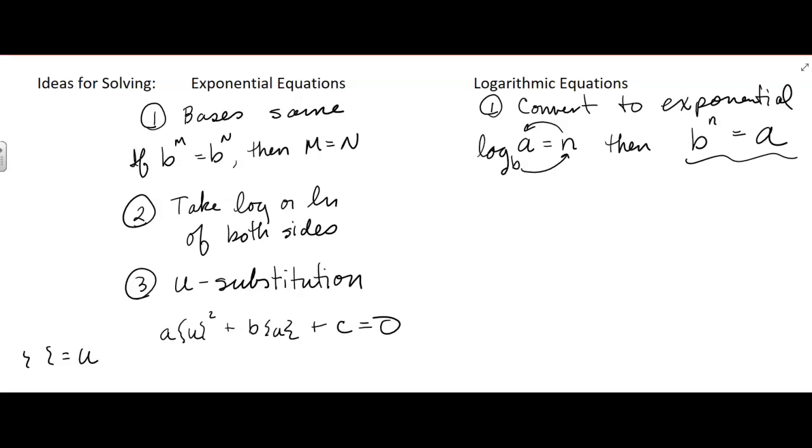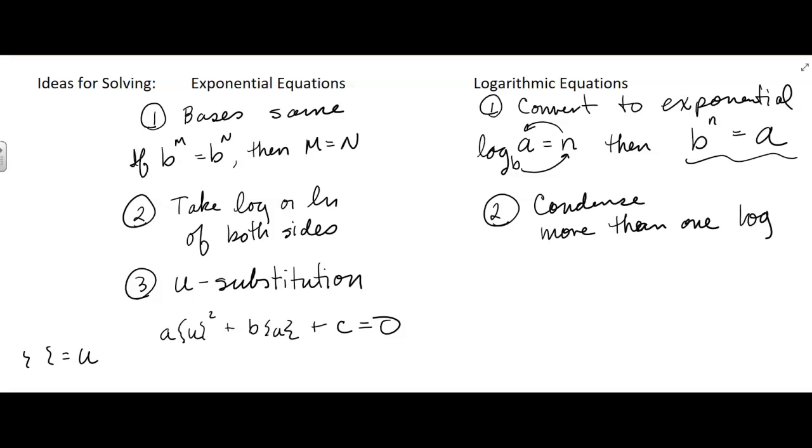Okay, so then solve. Okay, 2, condense the logarithm. This is going to work if you have more than one log.